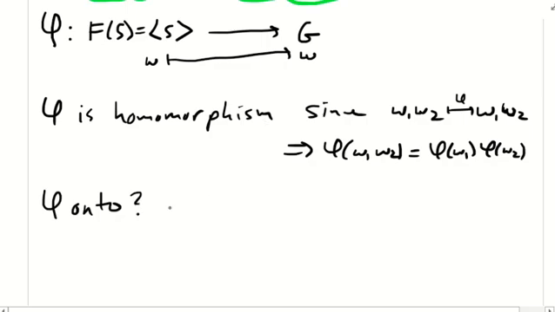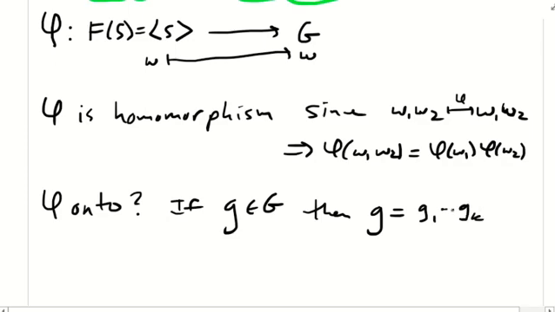I mean, if g is in G, then g is some collection of elements juxtaposed together by the multiplication in G, where those are taken from S or S inverse, right?